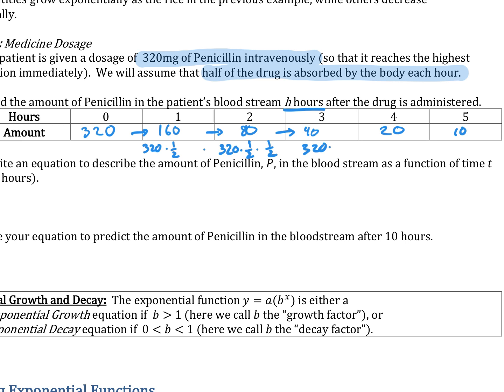Now what's a quicker way to write that? That's 1/2 to the 3rd power. And this is 320 times a half 4 times, so a half to the 4th power. And this is 320 times a half to the 5th power. We can rewrite this one as a half times a half, which is a half to the 2nd power, and a half to the 1st power. We see a pattern?